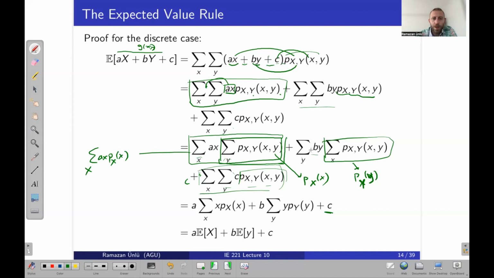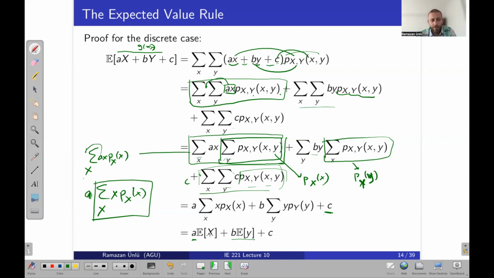And here it will be by p(y), right? So a is not dependent on x, so it can go outside the summation, and it will be the summation of x p(x). What is that? That is the expected value of x. That's why this guy is equal to a times the expected value of x, and this guy is b times the expected value of y, and c.